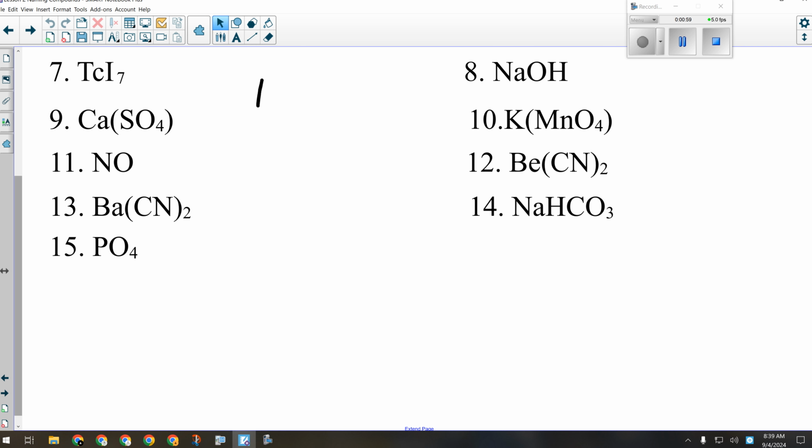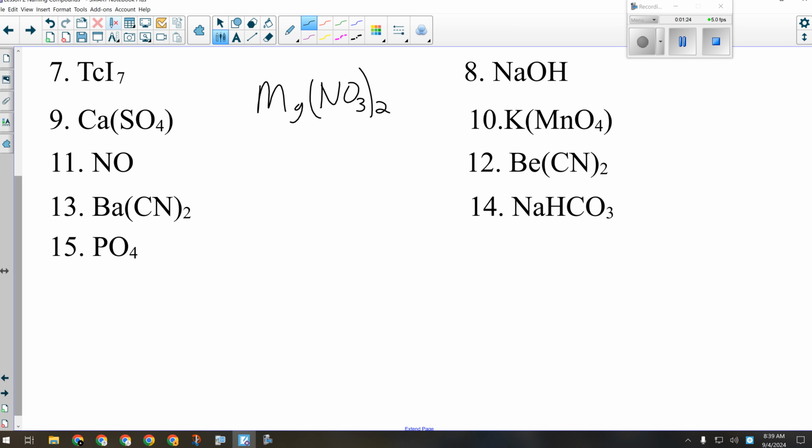What if I had this compound? Would I have to have the brackets there? Yes.